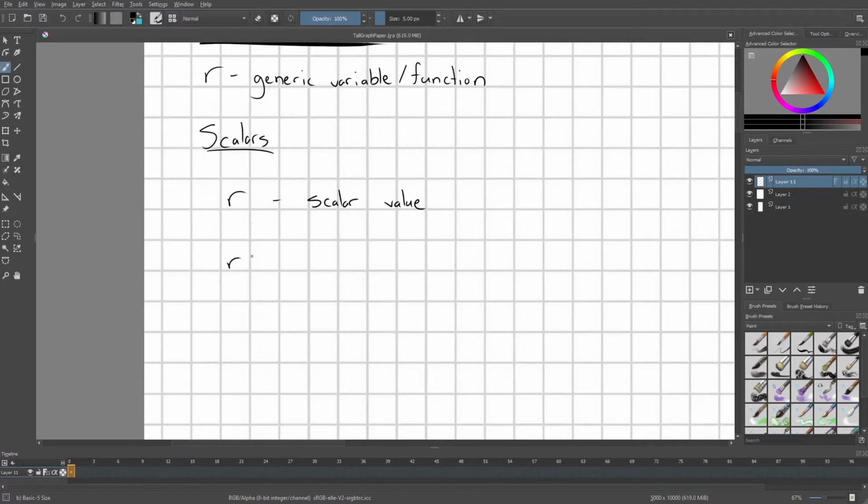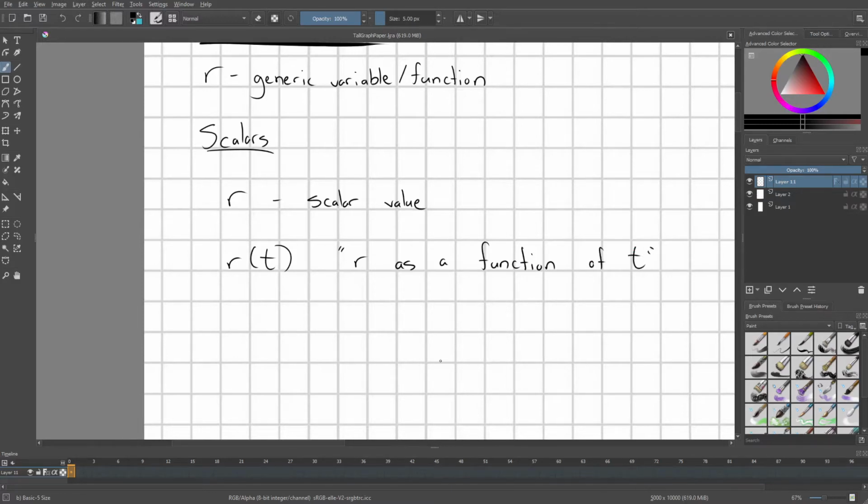R, of course, could be a function of a single variable like t, and we would say in English that this is R as a function of t.